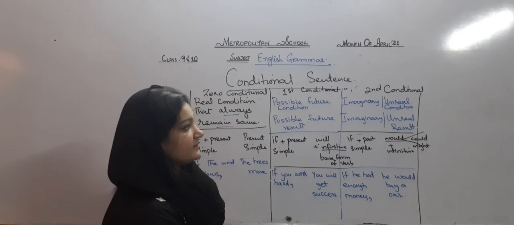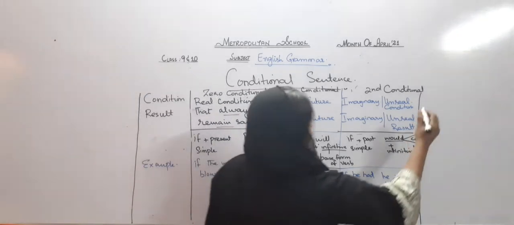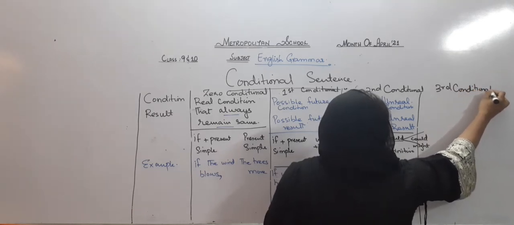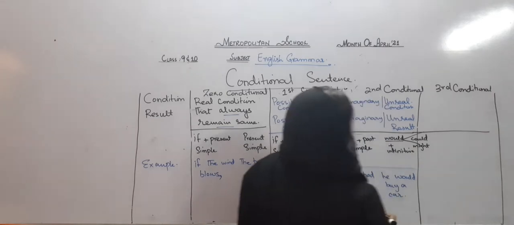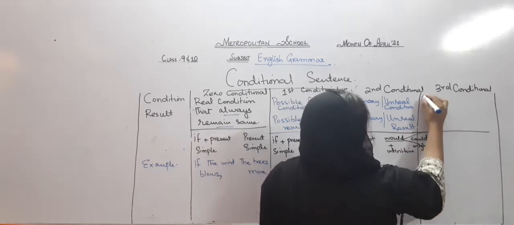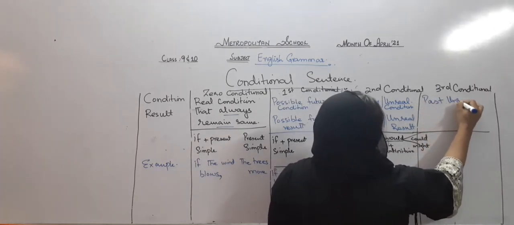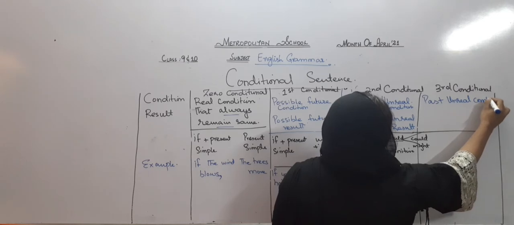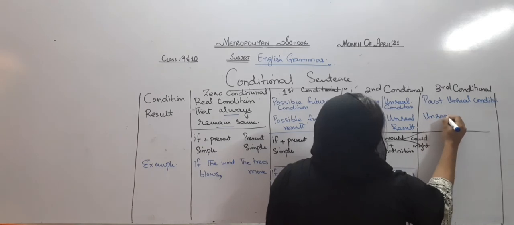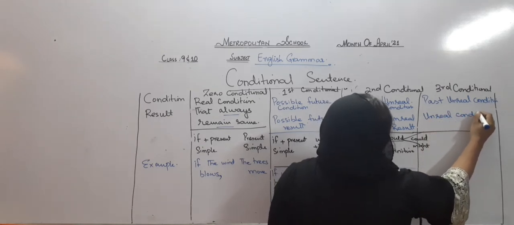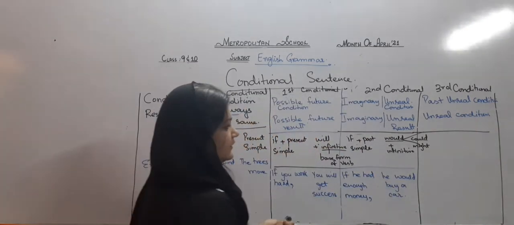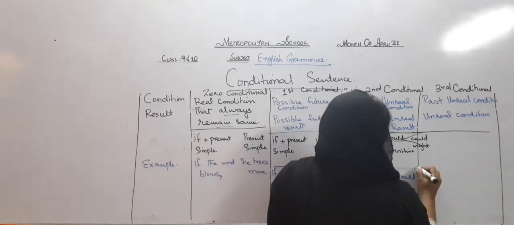Now come to the last one, third conditional. What will be the condition and result in the third conditional? We will have past unreal conditions and unreal results.